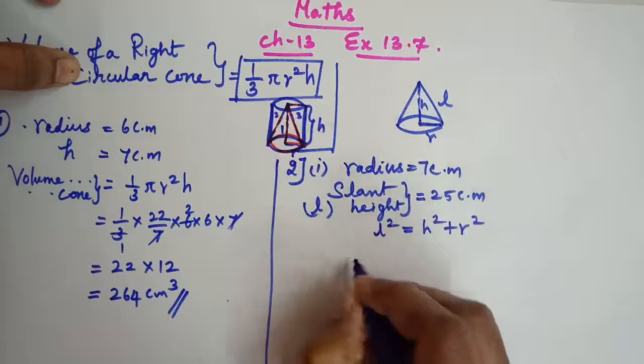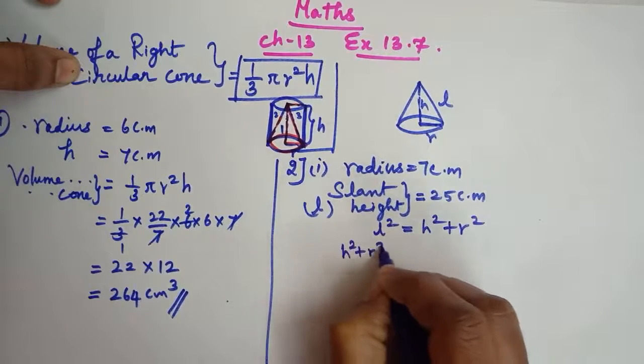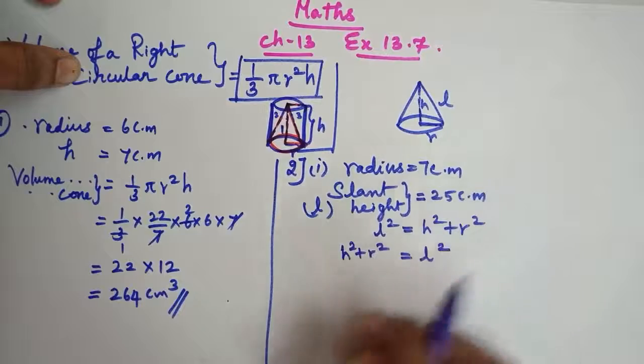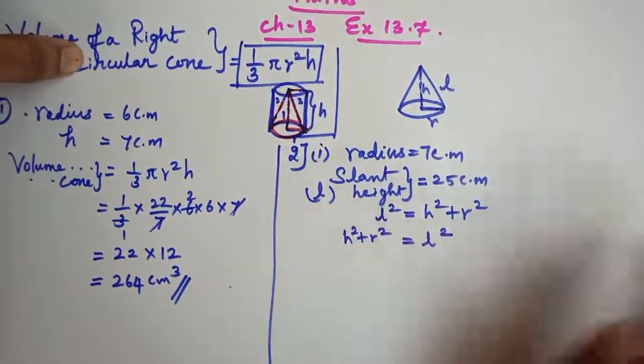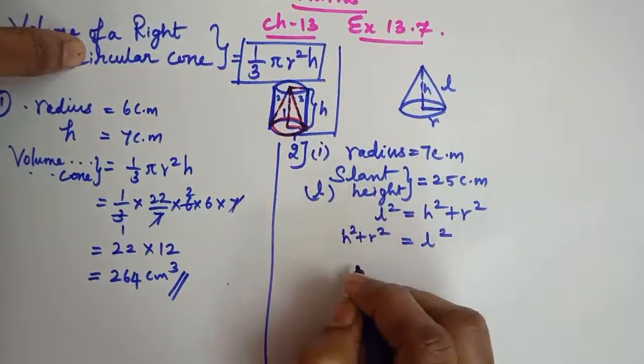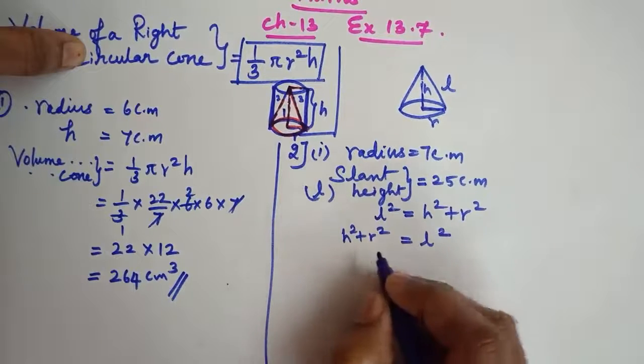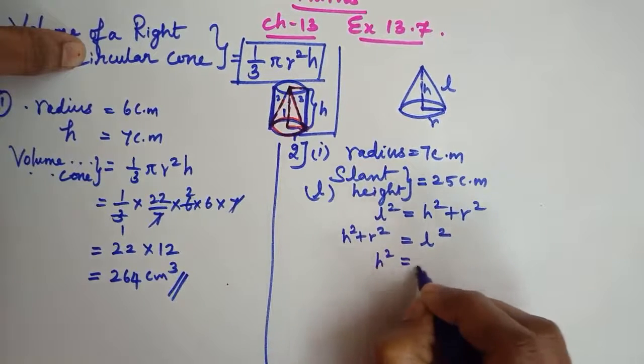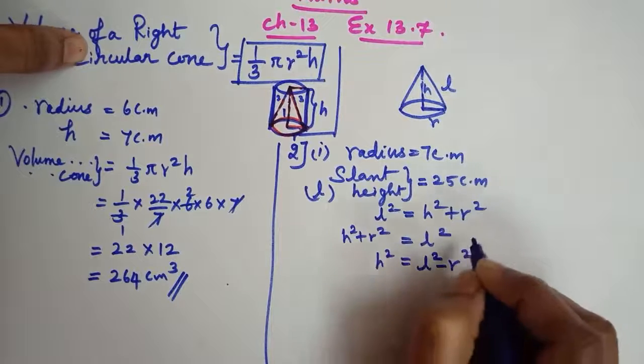Here we want to know h only. So h squared is equal to L squared minus r squared, okay.